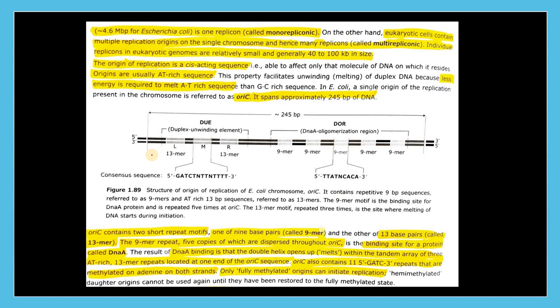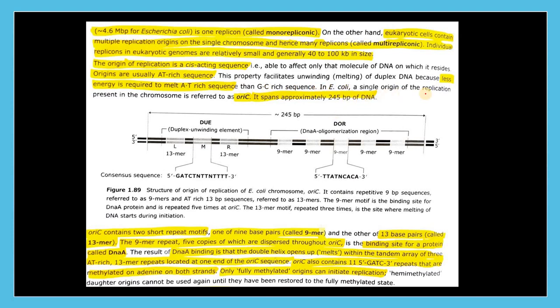Now these regions are AT rich, and when they are AT rich, they can be easily separated. That means there can be easy unwinding of the DNA because less energy is required to melt these AT rich sequences than GC rich sequences.